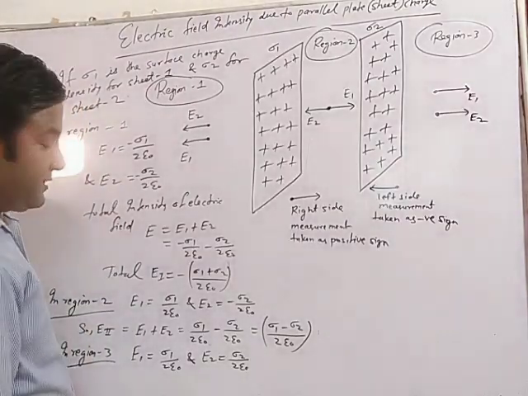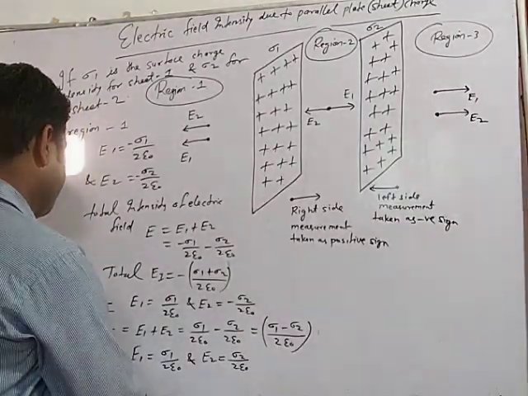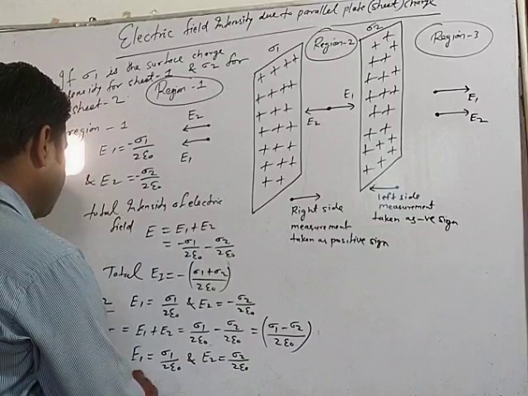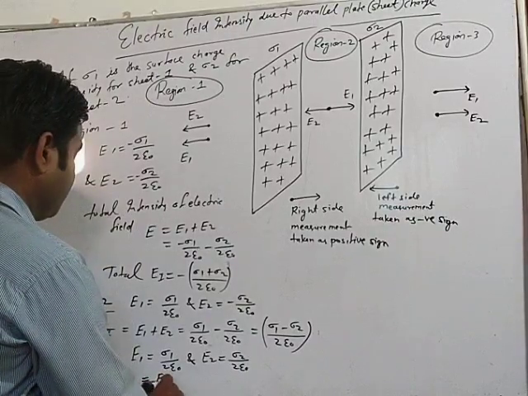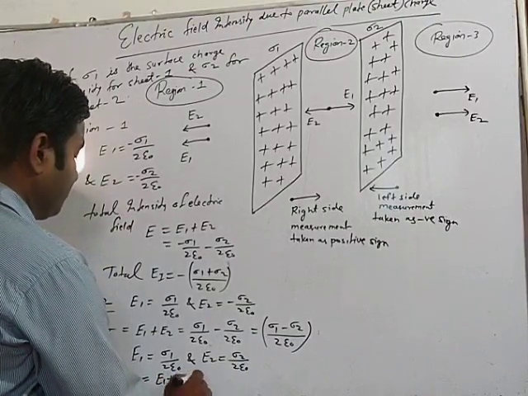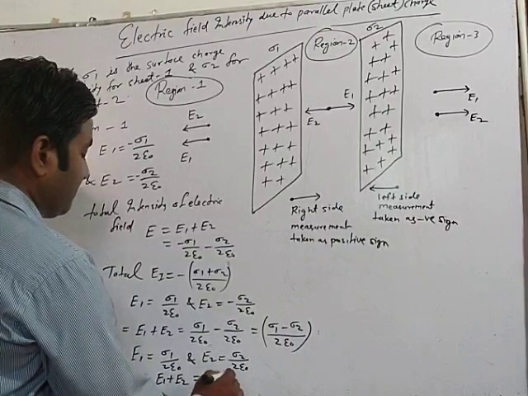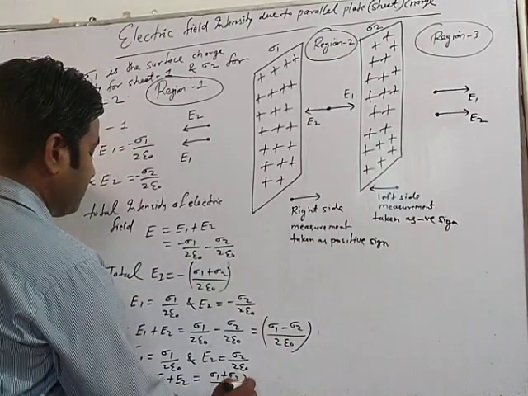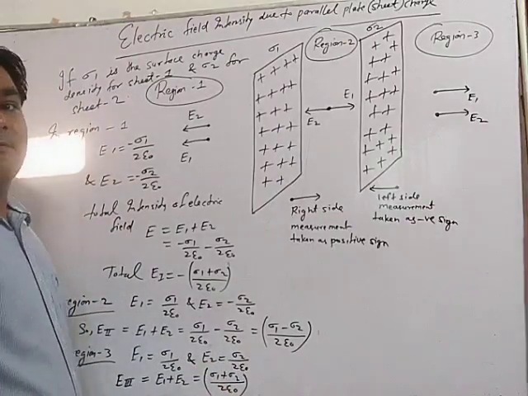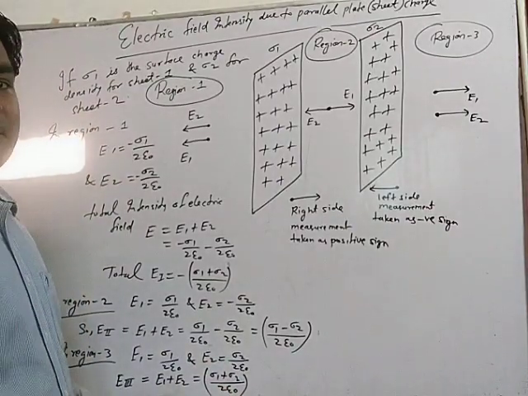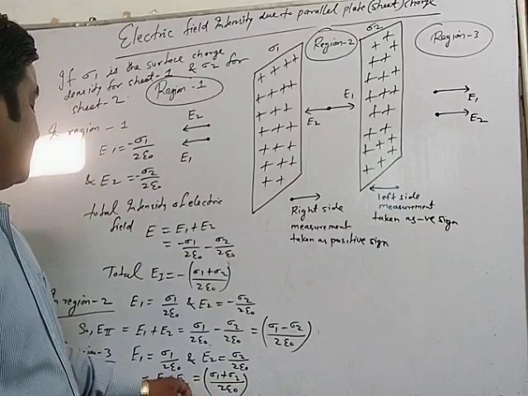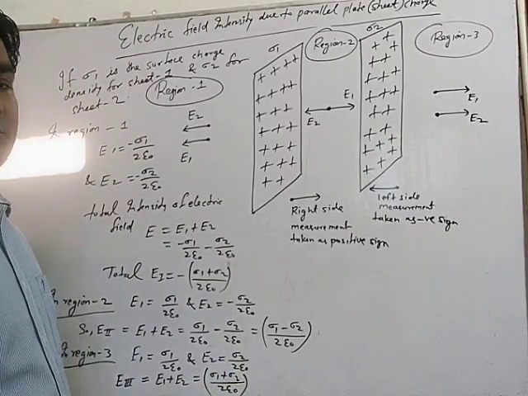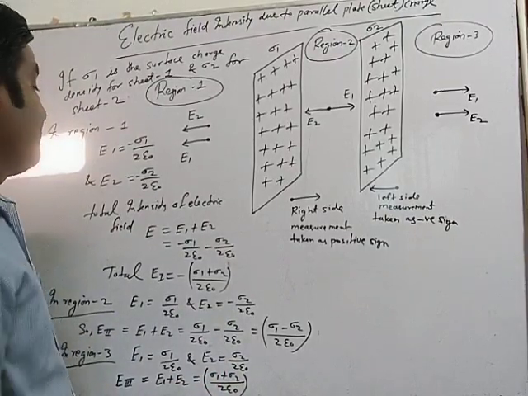So when the values of E1 and E2 are added, E in the third region, that is E1 plus E2, is equal to sigma 1 plus sigma 2 upon 2 epsilon naught. Very easy.